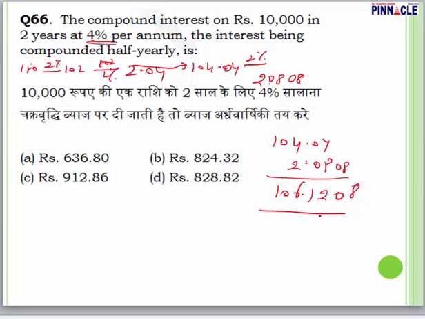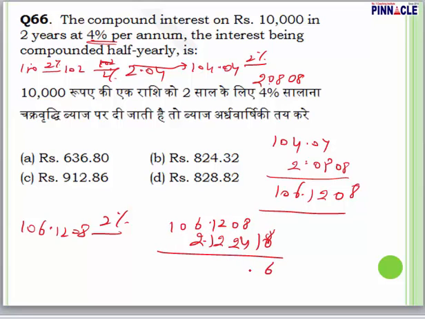And after that, the compounding in the fourth term, you can write here 106.1208, and at the rate 2%, you will have 2.122416, and if you add this you will have 108.243216.